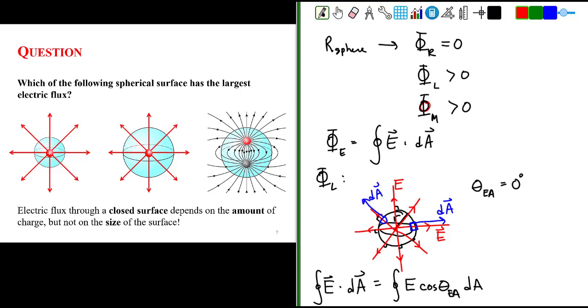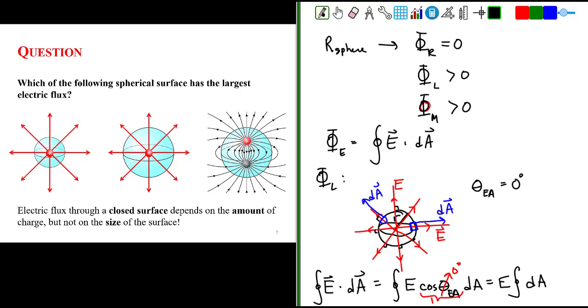Now we said that theta is 0 degrees, which means that cosine of 0 is equal to 1. We also said that the electric field is constant relative to any surface element on the surface of our sphere.